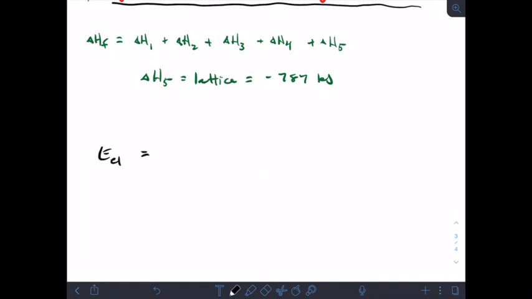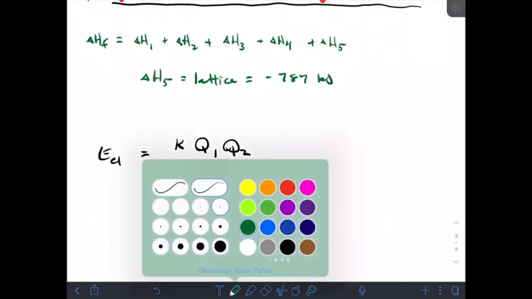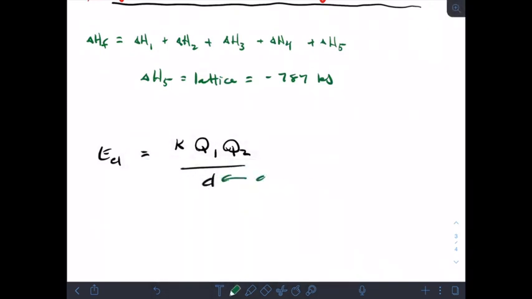So the energy of the electrostatic attraction is related to a constant K, Q1, Q2 over D. Okay, so D is the distance between the ions. And it's related to ionic radii.